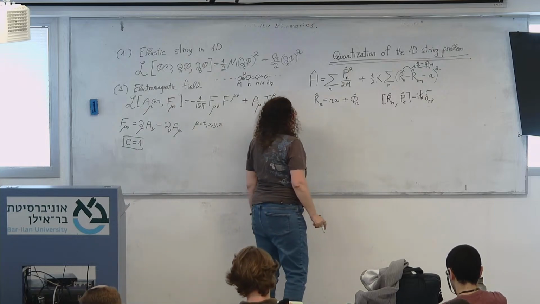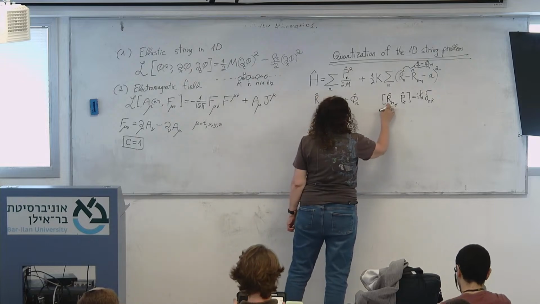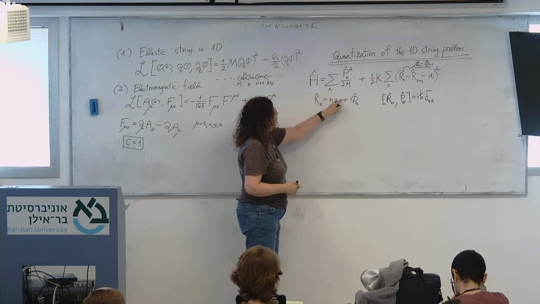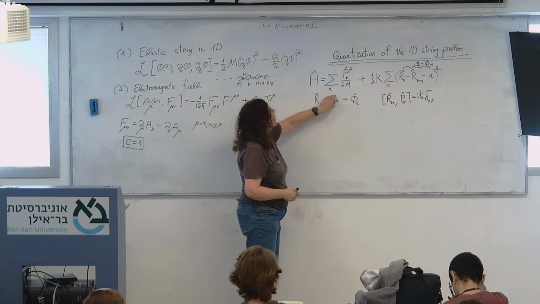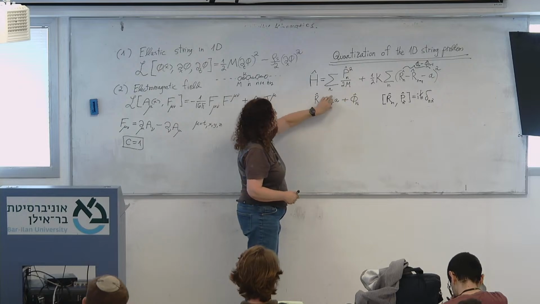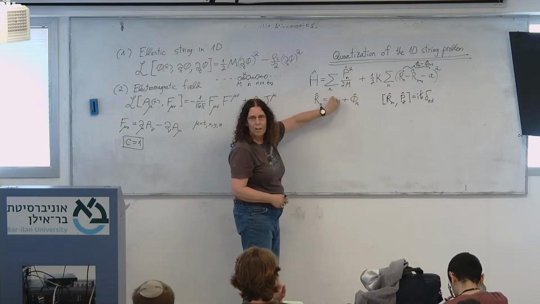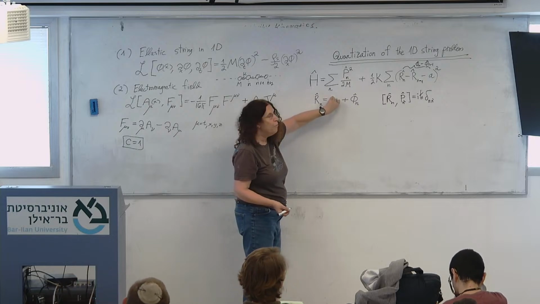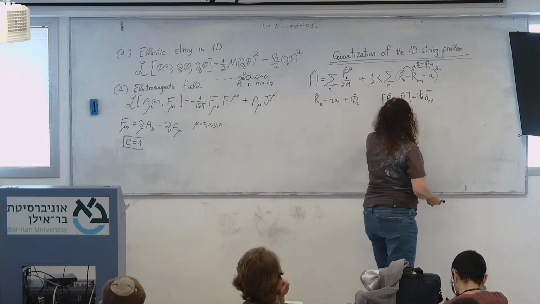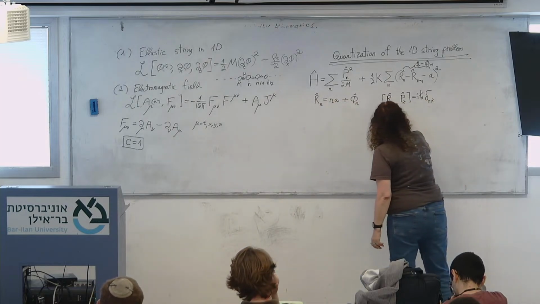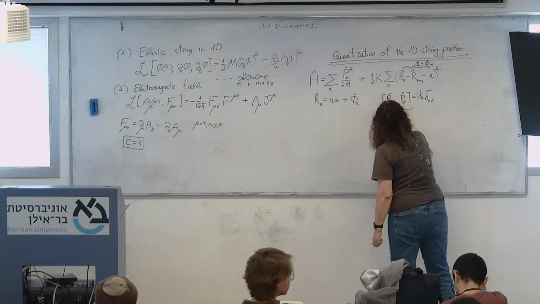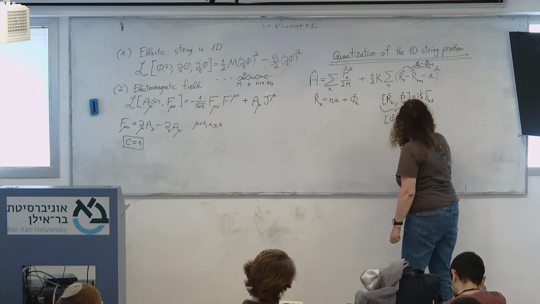So I want to now plug in Rn to be, again, a constant plus phi n. The constant, the equilibrium position, is a C number. It commutes with everything. And therefore, this commutator is also the same as the commutator of phi.